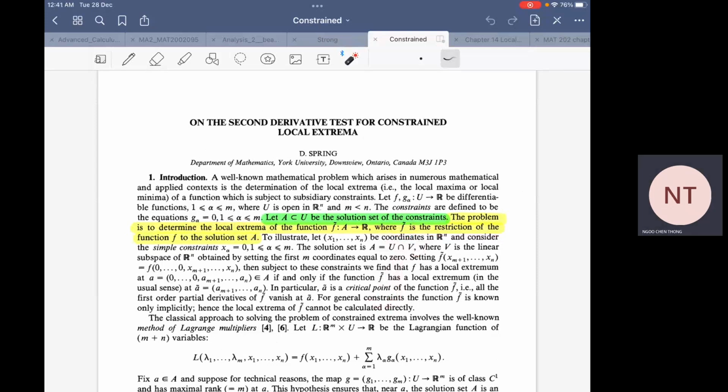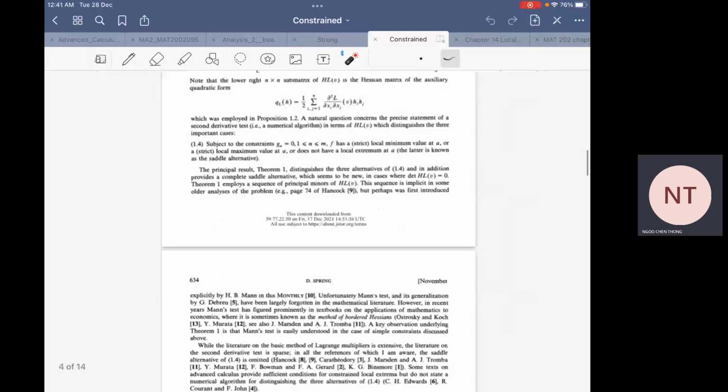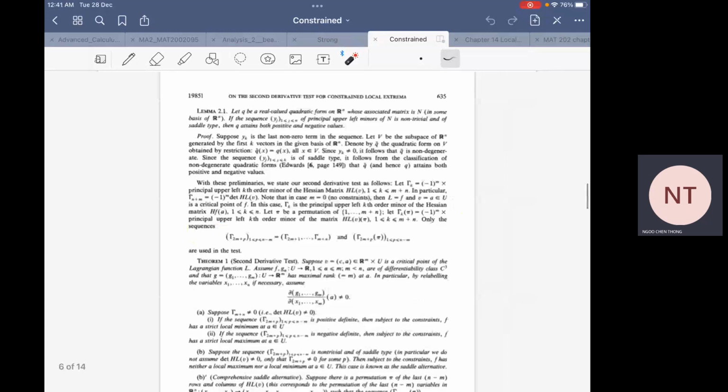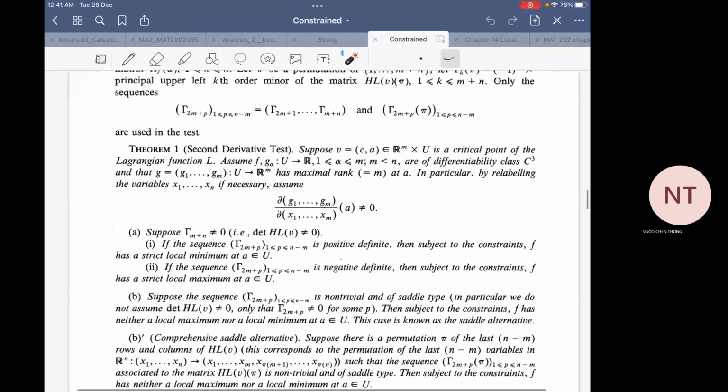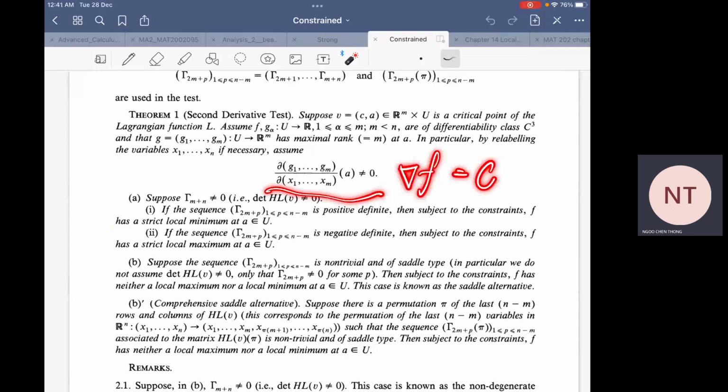Now I will go to the part that uses this theorem. Second derivative test. Suppose that v is a critical point of the Lagrangian function. Here is another assumption, similar to the gradient function equal to 0. Now we see the statement. If the sequence, this thing, is positive definite, then subject to the constraint f has a local minimum at u.